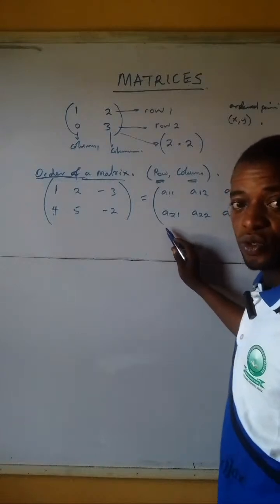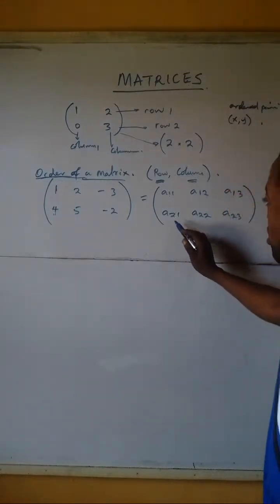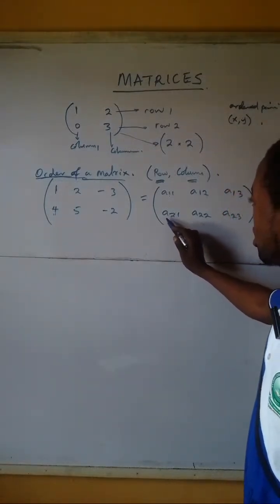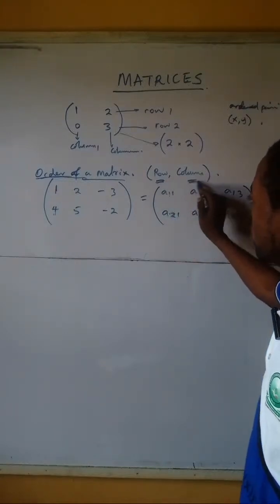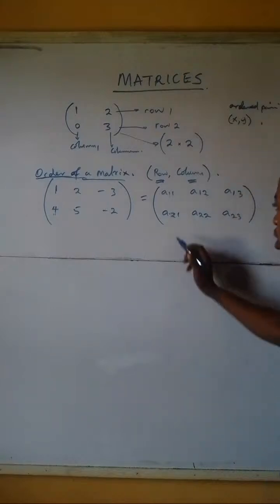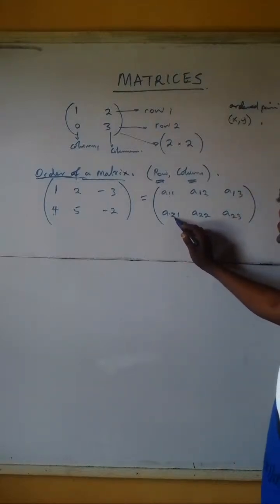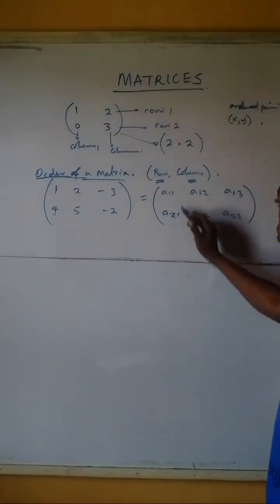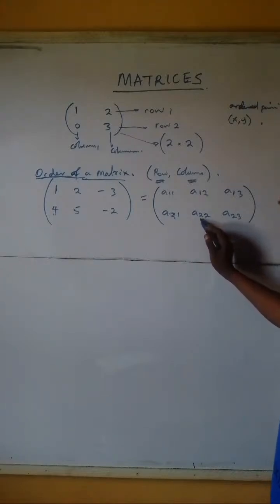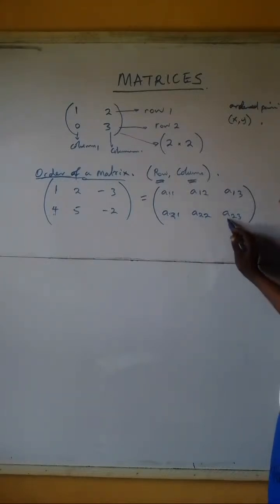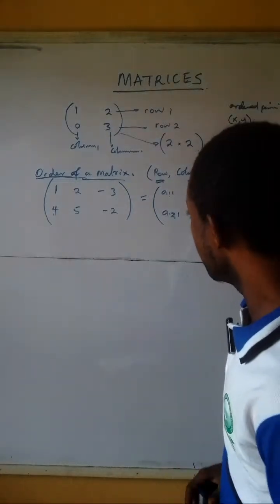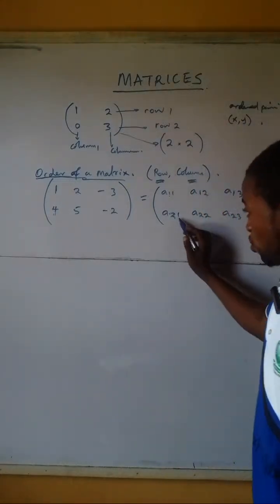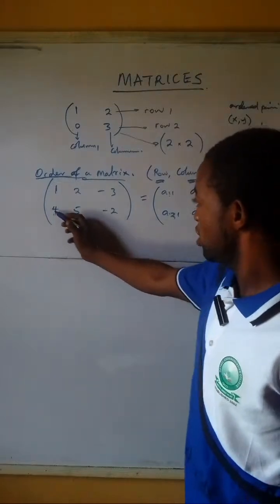Then also in the same way, we have this here in row 2. So the first one is row, as we have it in order of a matrix. So we have the element in row 2, column 1, the element in row 2, column 2, the element in row 2, column 3. Now, for instance, here the element in row 2, column 1 is 4.